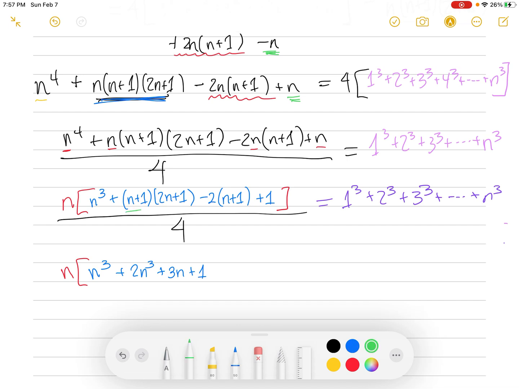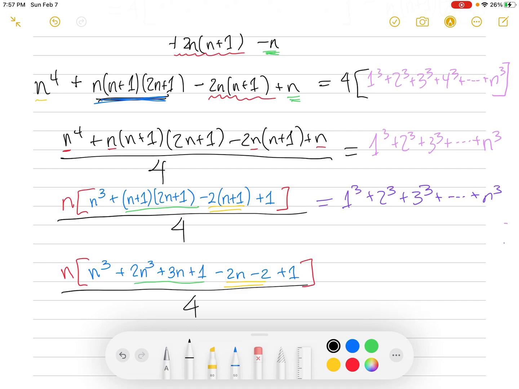That's when I FOIL this out right here. And if I do a little bit of distribution here, the minus 2, I'm going to get minus 2n minus 2. That's what happens when I distribute the minus 2, and then we're going to have a plus 1.